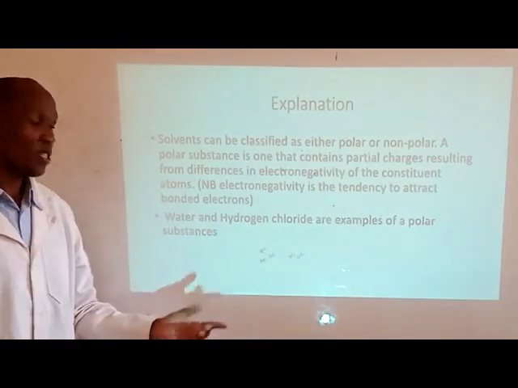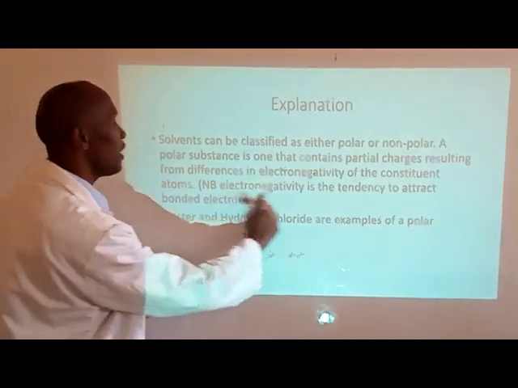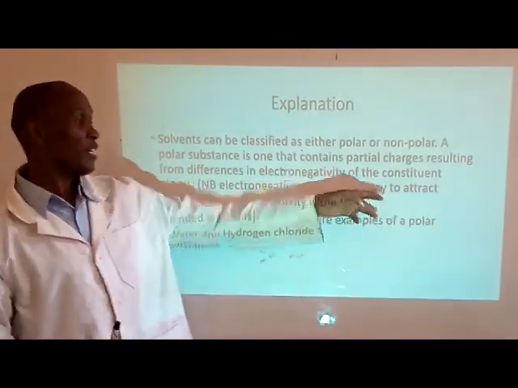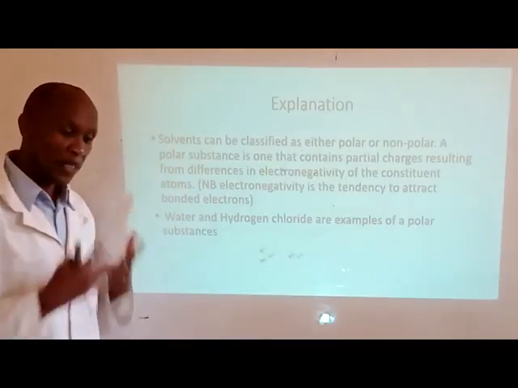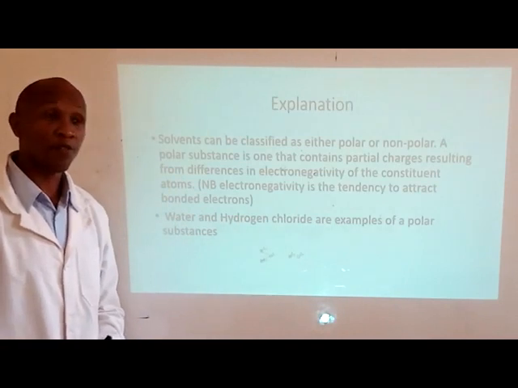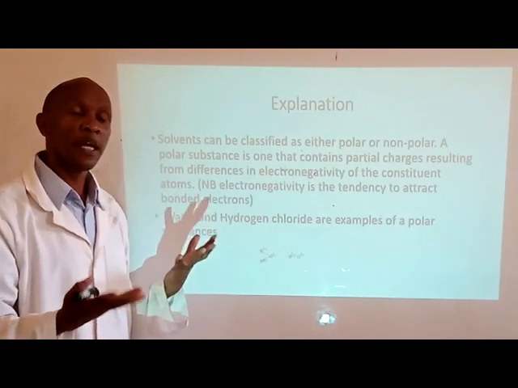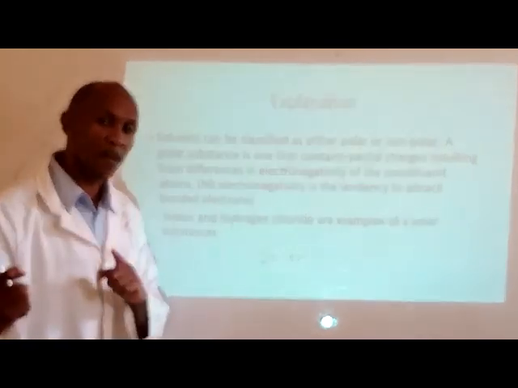Where does polarity result from? It results from differences in electronegativity, where we define electronegativity as a tendency to pull bonded electrons, as opposed to when the electrons are completely transferred. When a substance gains an electron, the energy involved is referred to as the electron affinity.